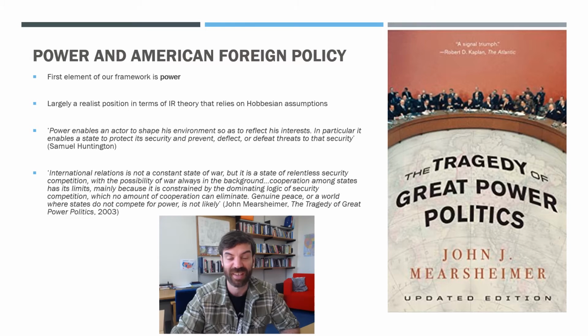Cooperation among states has its limits, mainly because it's constrained by the dominating logic of security competition, which no amount of cooperation can eliminate. Genuine peace, or a world where states do not compete for power, is not likely." And I think that's quite a useful quote to summarize this aspect of the 4Ps framework.